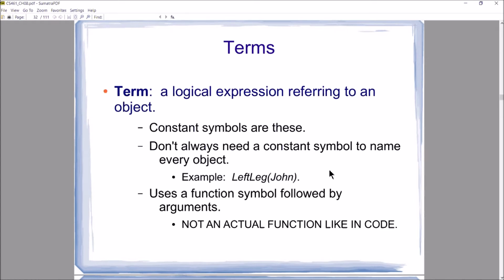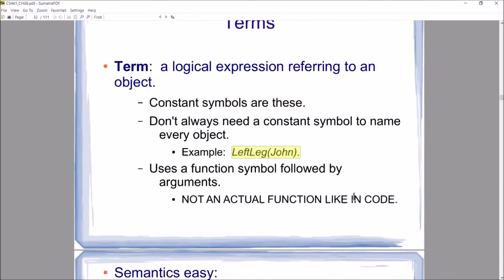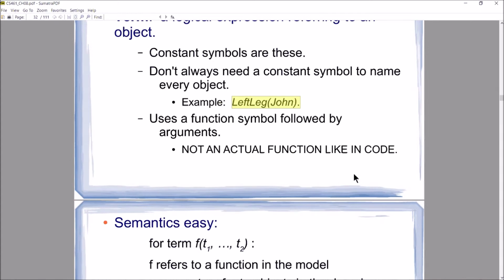This is a syntactical element within first order logic. This is a shorthand way of saying that's John's left leg, without having to give John's left leg its own constant symbol. We're not calling John's left leg Tim. This is a way for us to imply what we're talking about, not an actual function.